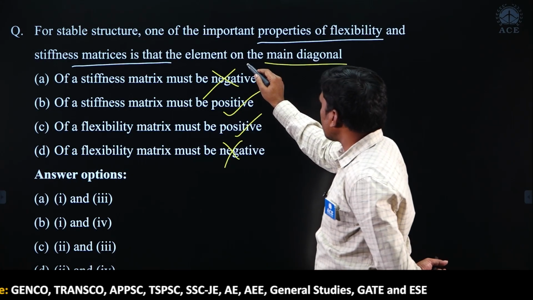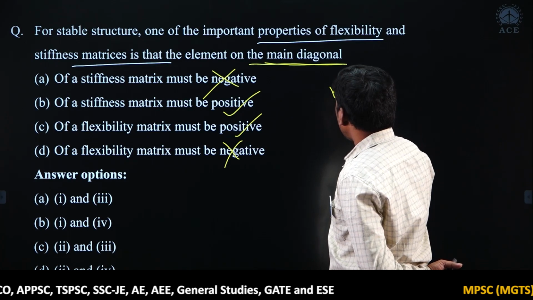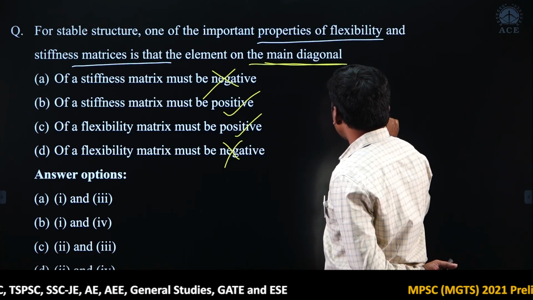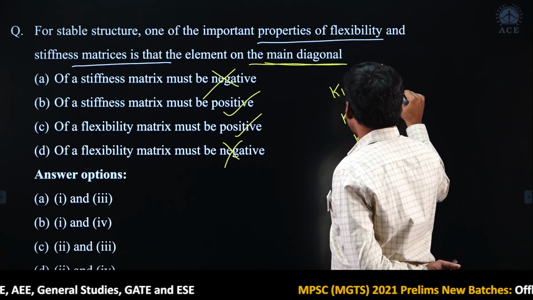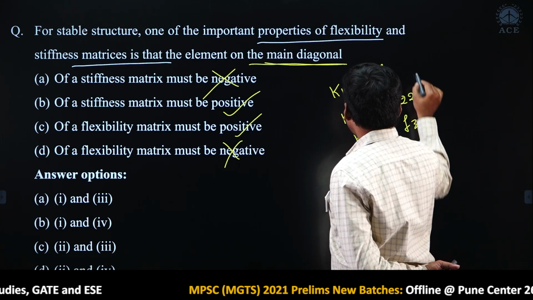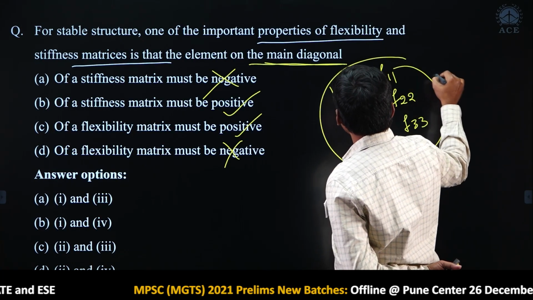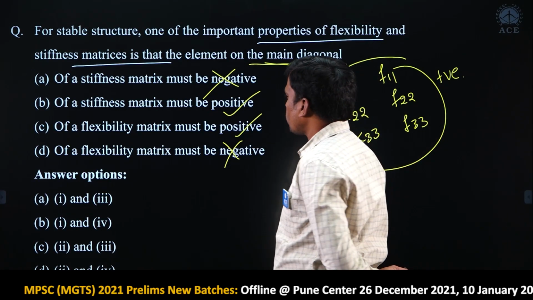He is asking here the elements of the main diagonal, nothing but K11, K22, K33 or F11, F22, F33. Now these are the main diagonal, these are always positive only. Okay, so which option is correct?